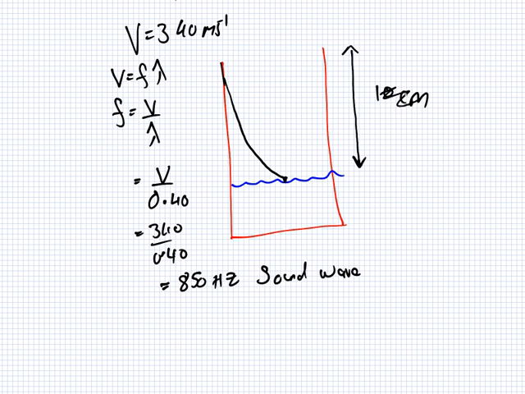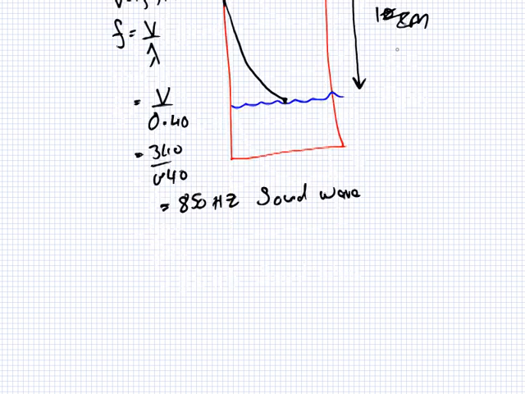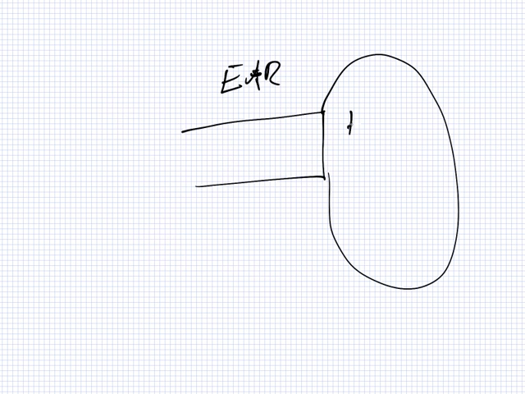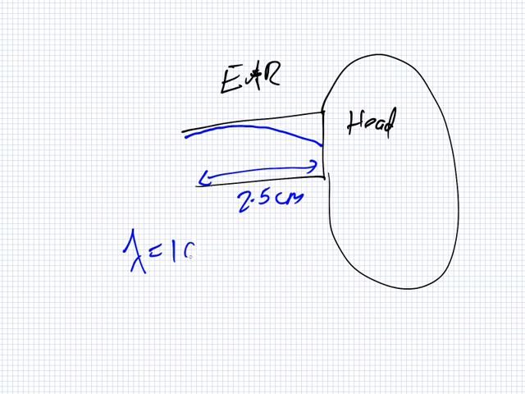So if I go back here, if I change this to 2.5, or well, here, we'll draw it like this. Here's my ear. And then here's my head. I want to make a wave here, a fundamental. This is 2.5 centimeters in my ear. So the wavelength would be 10 centimeters.